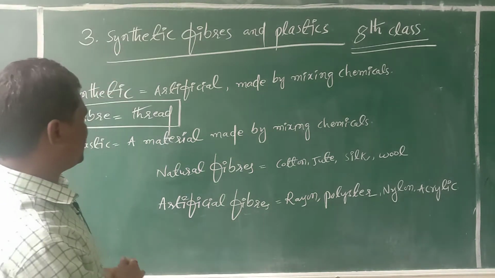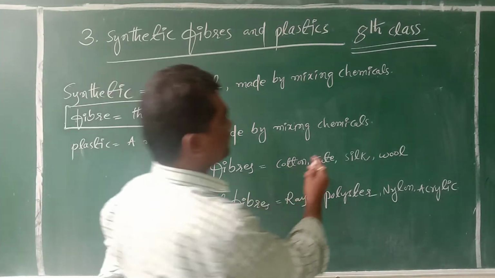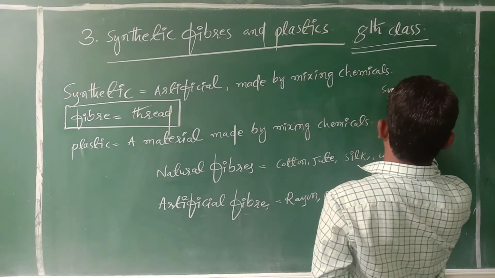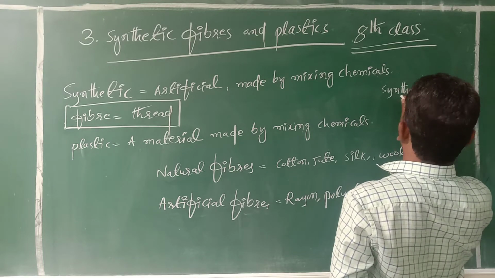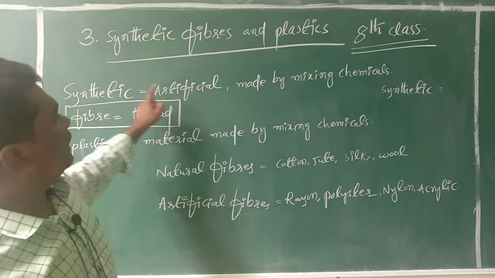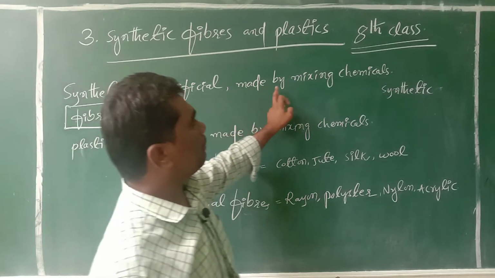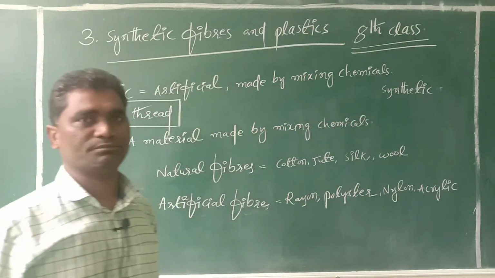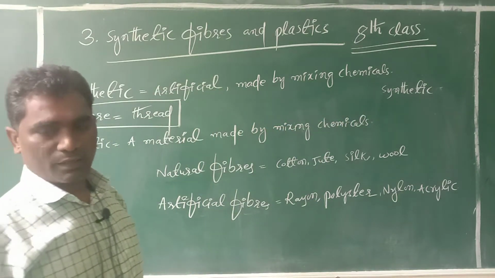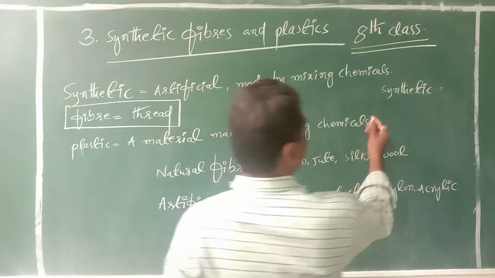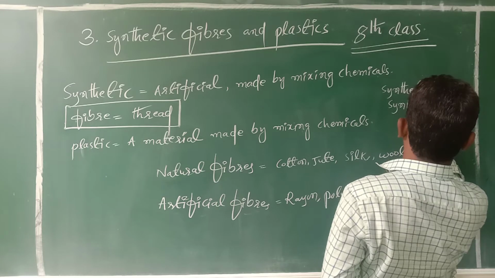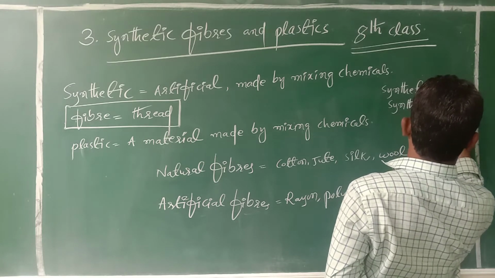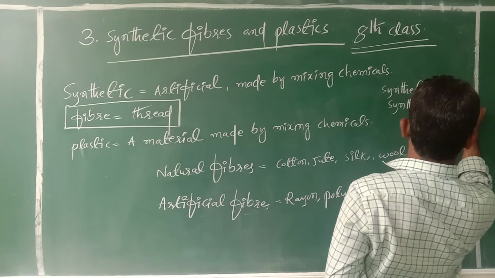Okay students, you see here, synthetic. What is the meaning of synthetic? Synthetic means artificial, or made by mixing chemicals. You have to understand one thing: synthesis means mixing or combining.